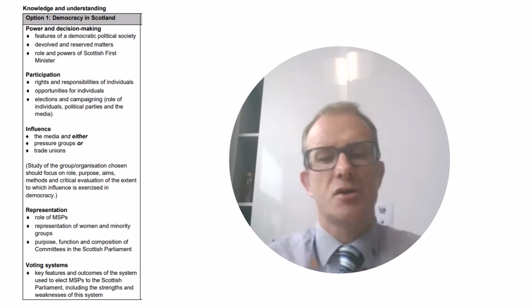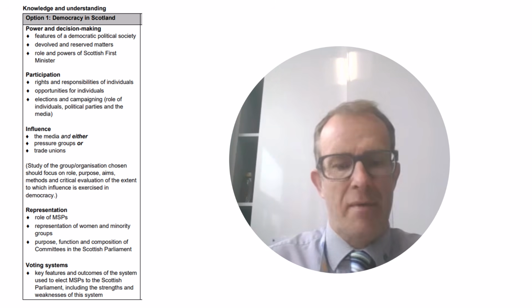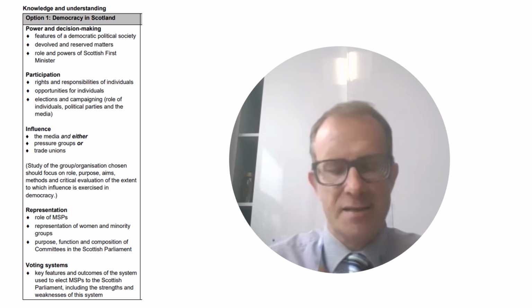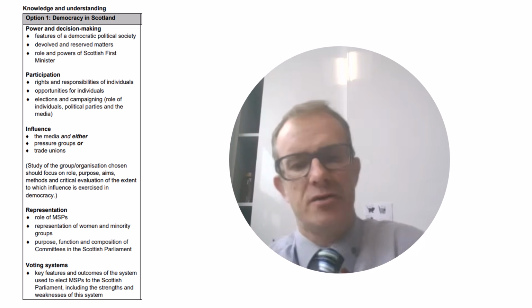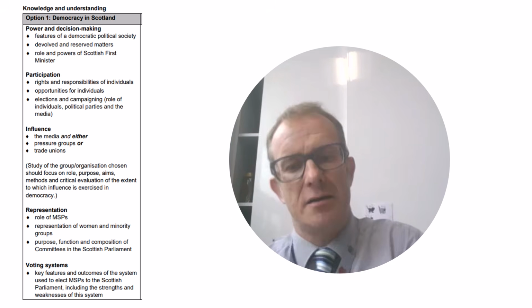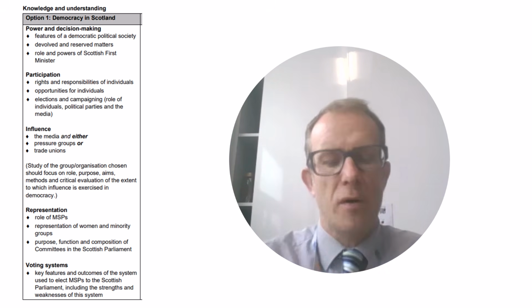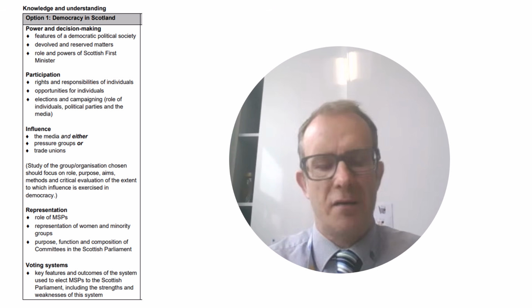Representation. So MSPs, what do they do to represent people in the constituency, the area they represent, and what can they do inside the Scottish Parliament to represent people from the area? In the local area, MSPs have an office.